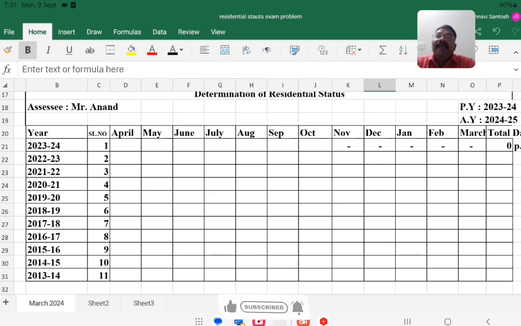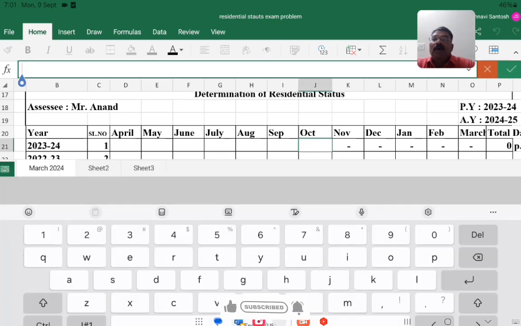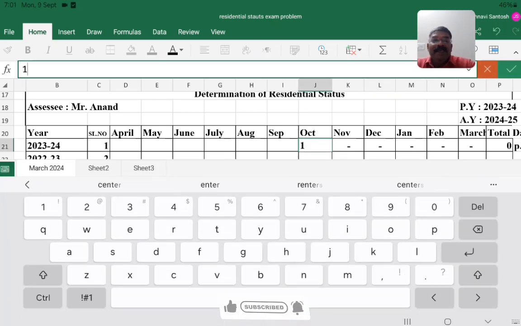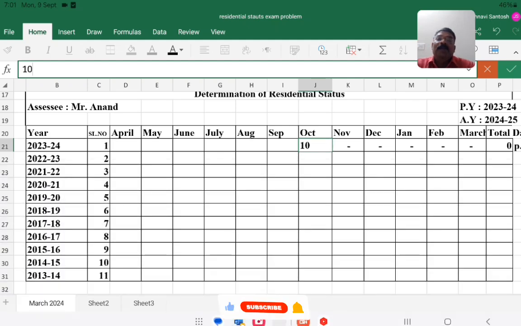He leaves India in the month of October, so in October I write how many days he was there: 10 days. He left India on 10th October 2023, so November, December, January, February and March are not there.